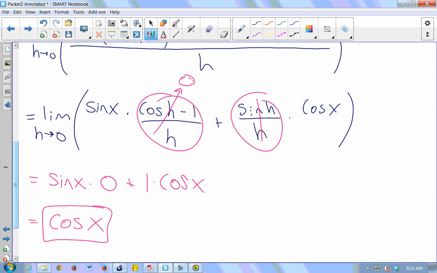So it actually ends up being cosine times pi over 180. So this is why we always do calculus in radians, because it makes the derivative of sine cosine.